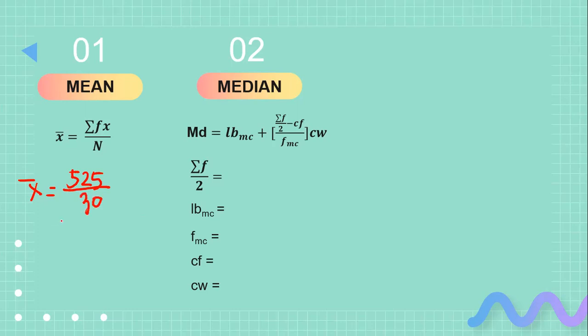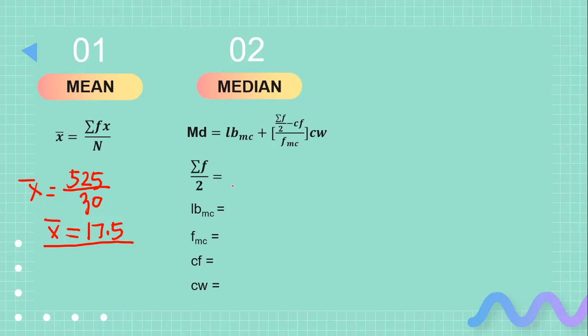So 525 divided by 30 is equal to 17.5. So x bar or the mean is equal to 17.5. So that we don't get confused, we break the formula down and then substitute the values.